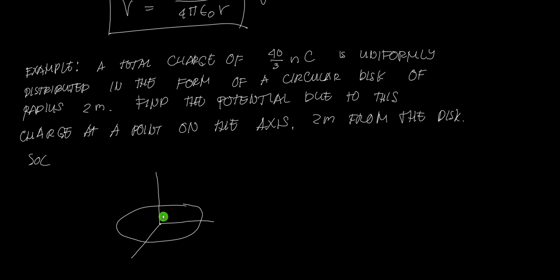So if this is the disk, 1, 2, this is the point that we want to determine the potential. Now this is given. The total charge here is 40 over 3 nanocoulomb.